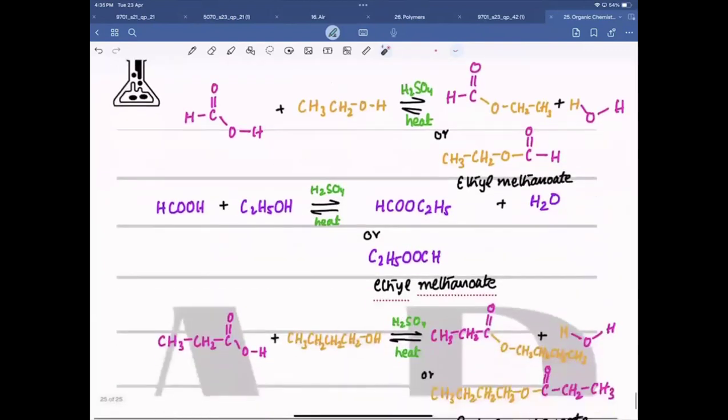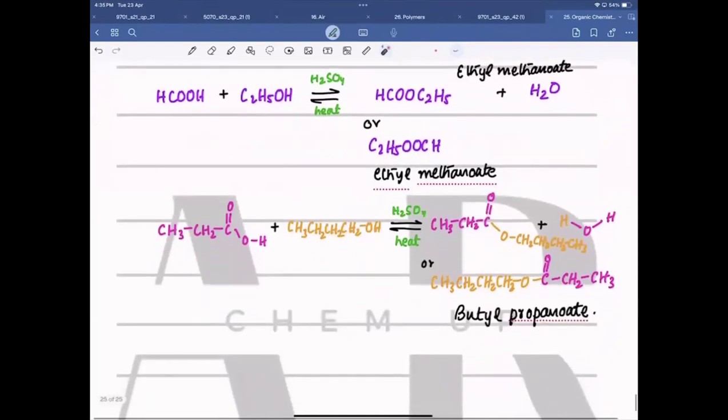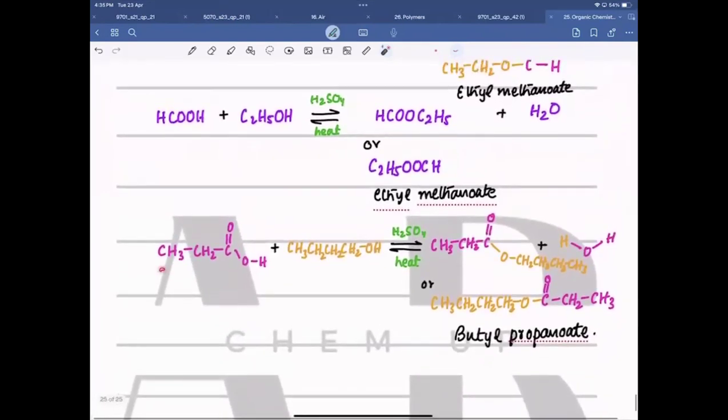Okay. After this, we have this one. If you see, there are 3 carbons. It's a propanoic acid, and there are 4 carbons, so it's a butanol. So the name will be butyl propanoate. As the alcohol part has 4 carbons, it becomes butyl, and the carboxylic acid part has 3 carbons, so it becomes propanoate. So the same thing will happen. OH from here and H from here.